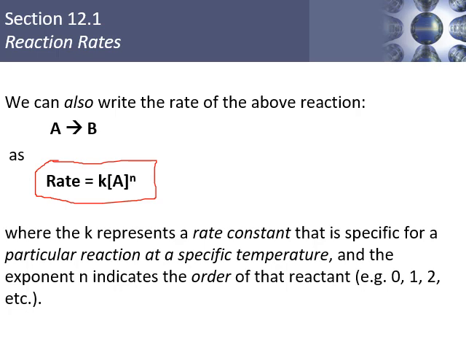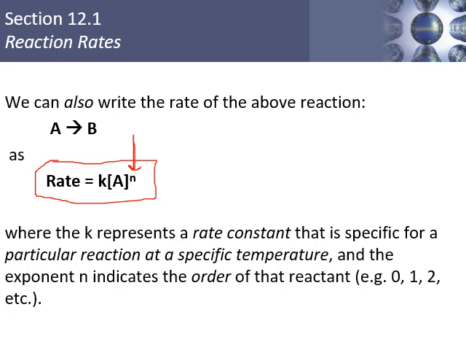But because there are actually more than 3 different ways, but for our purposes 3 different ways, that these reactions can occur, we have to take each of those into account. So we could write this 3 different times. We could write it as rate equals K[A] to the 0 power, or rate equals K[A] to the first power, or rate equals K[A] to the second power.